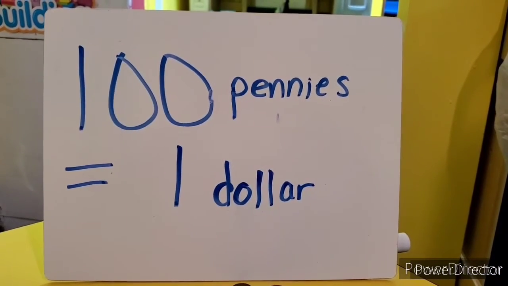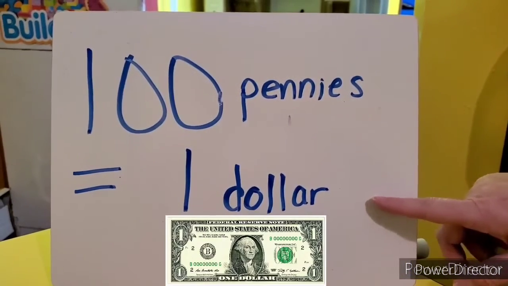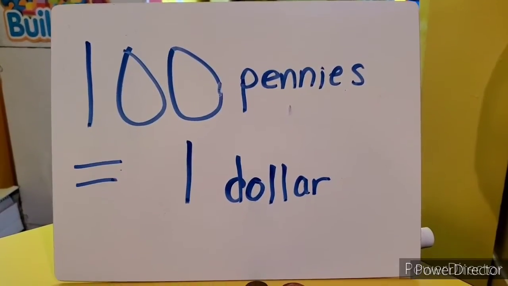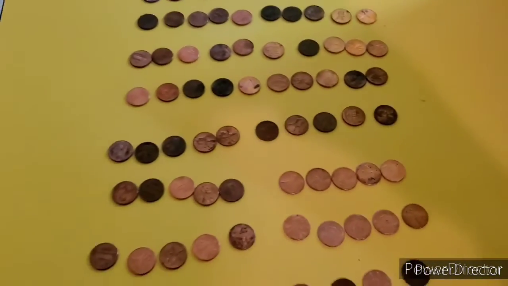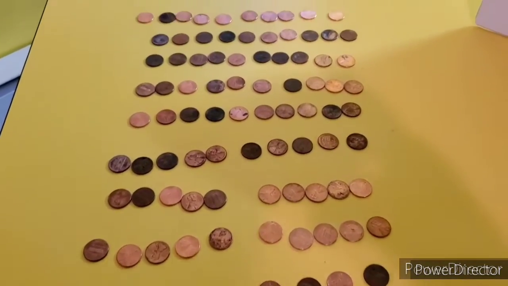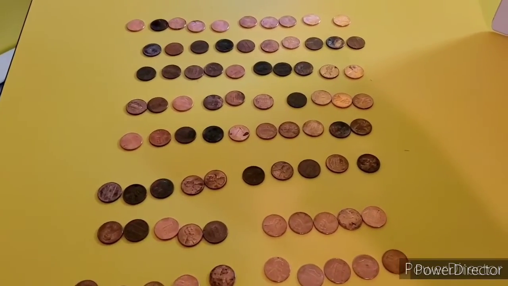All right, so let's get started for today. 100 pennies equal $1. So to have $1, we need 100 pennies. Now here, Zoe, I have the pennies laid out in groups of 10. So we can count them a little bit faster.